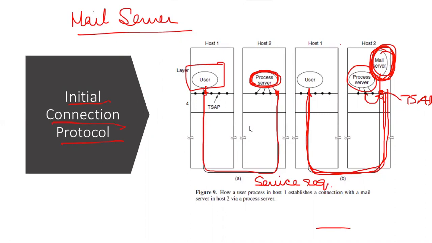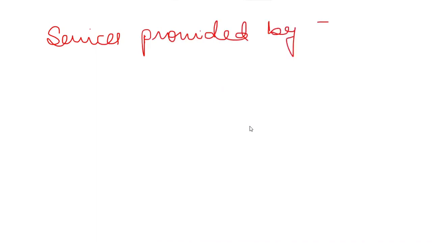Like I had mentioned, we have seen the services provided by the transport layer. We had seen the transport service access points. What are these?